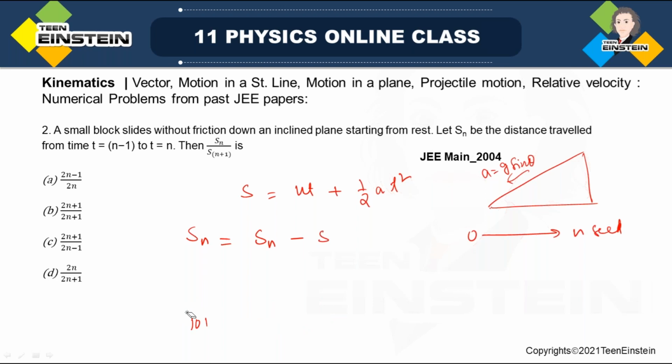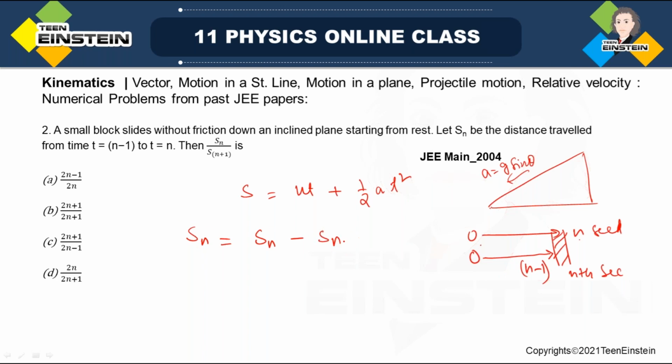So how to find out Sn? You have to find out the distance traveled during 0 to n seconds. Then you have to find out again the distance traveled by the object from 0 to n minus 1 seconds. If you take the difference of that, this distance will be traveled in the nth second.